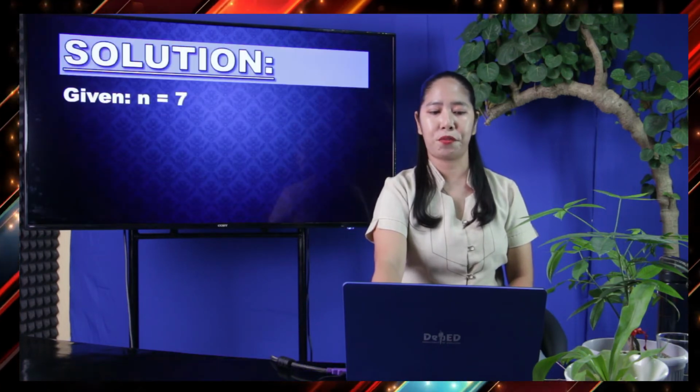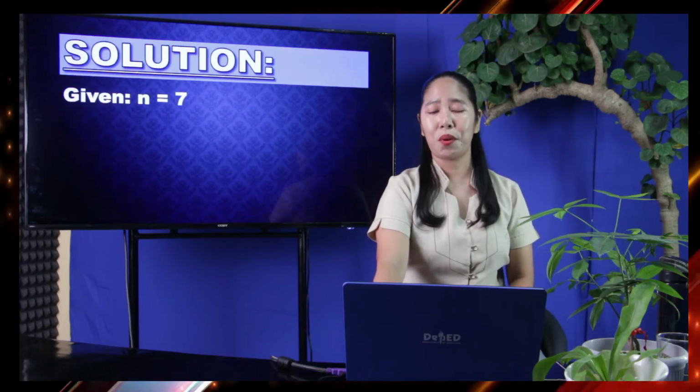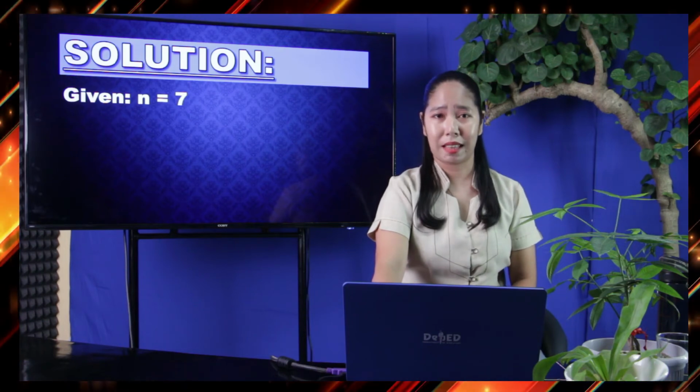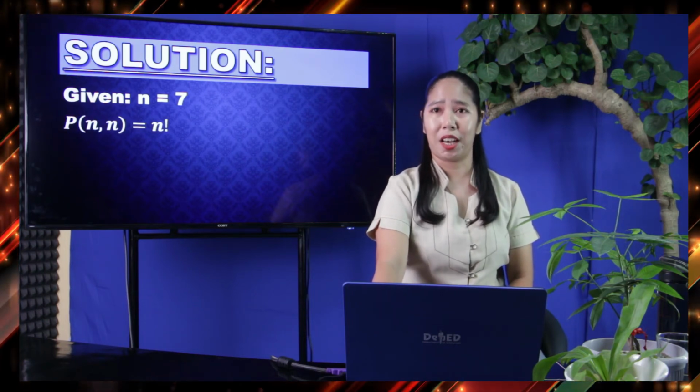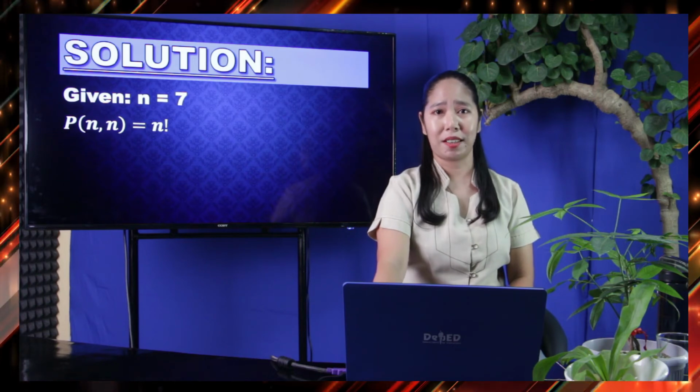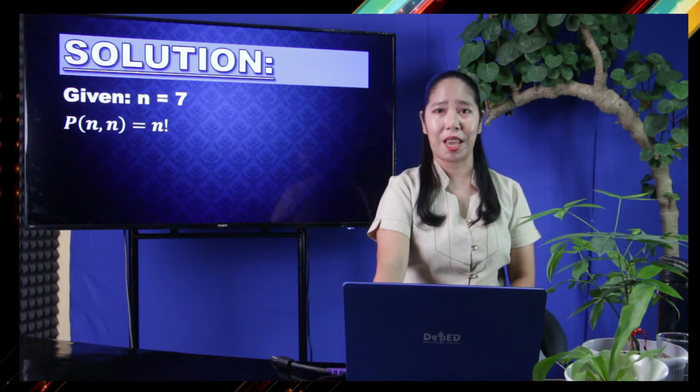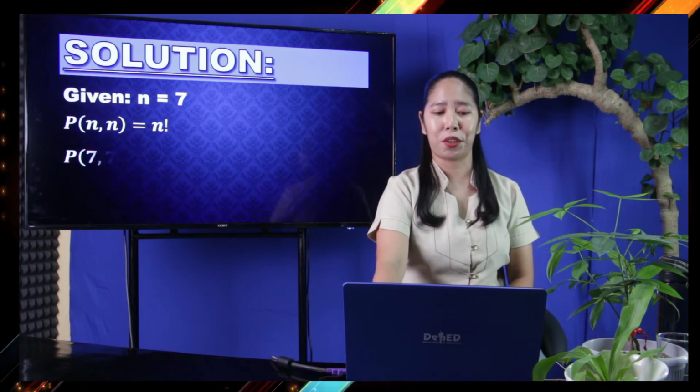In this case, since all desserts will be arranged in the buffet table, we are to make use of the second formula. So, our n equals 7, since there are 7 desserts. The second formula, permutation of n objects taken all at a time equals n factorial.